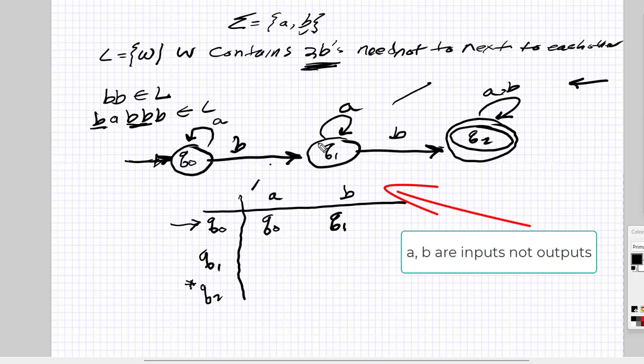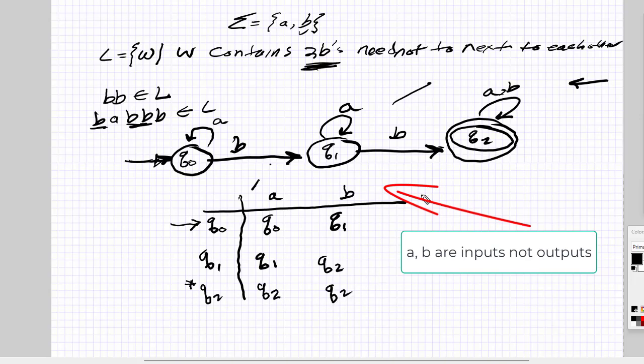If we are at Q1 and we read an A, we stay at Q1. Stay put. We're not interested in the A in this problem. If we were interested in A, we would deviate and go to another state. Now, if we are at Q1 and we read a B, we go to Q2. If we're at the final state and we read an A, we stay in the final state.